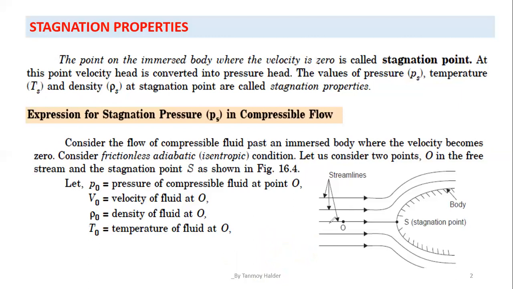Let's see. Suppose at point O, when there is a natural flow of fluid, the velocity is V0, the pressure is P0, the density is rho 0, and the temperature is T0.